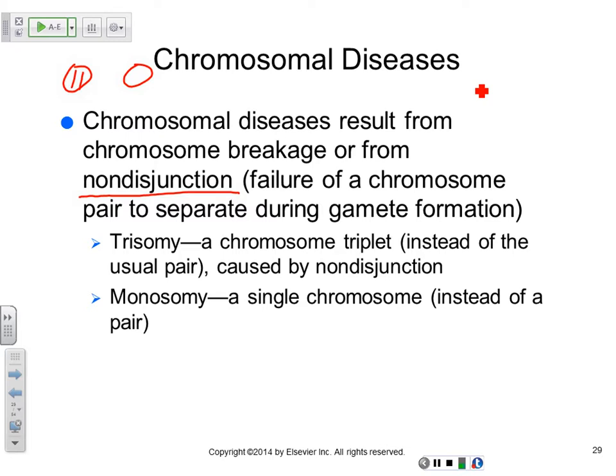The gamete with nothing will produce monosomy, because it gets the other part of the pair from the other parent and just has the one. The other gets the matching chromosome from the other parent and has 3. So this will be trisomy, and this will be monosomy, and they result from non-disjunction.